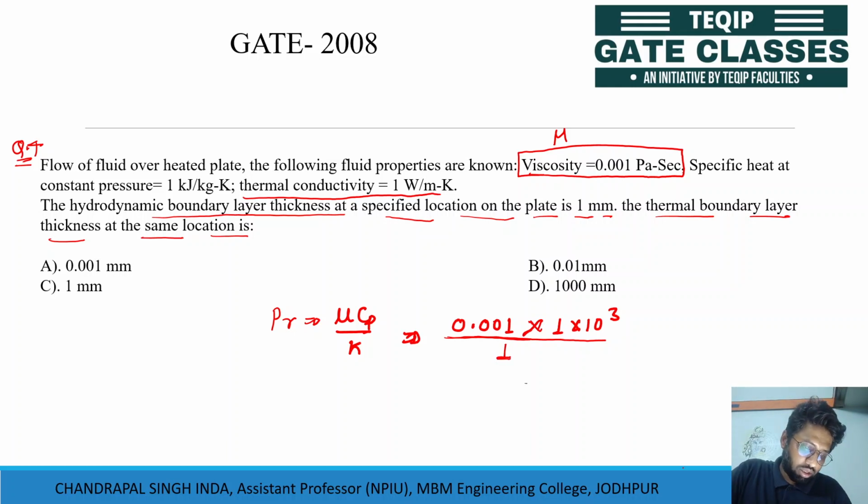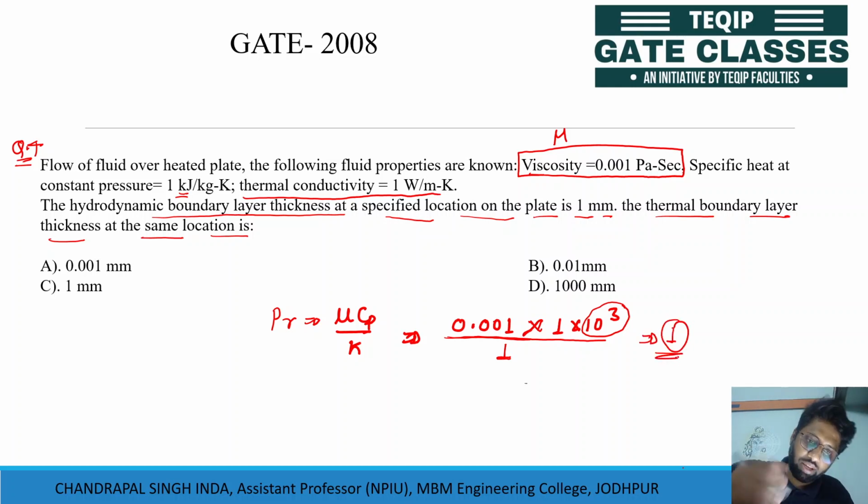In the calculation of the Prandtl number, most of us make mistakes in putting the value of specific heat. So we have to keep this 10 to the power 3 as it is given in kilojoule. Now we will have the value of Prandtl number equal to 1.